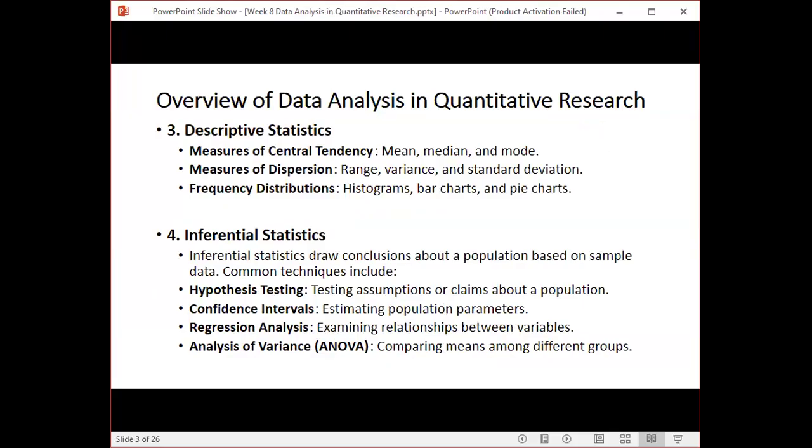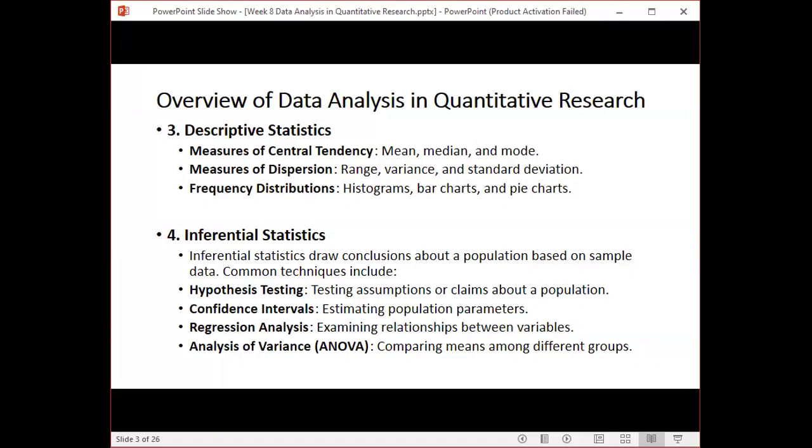So you are doing descriptive statistics, measures of central tendency, mean, median, mode, measures of dispersion, range, variance, standard deviation, frequency distributions, you are drawing charts, pie chart, histogram, and so on. All of these are describing your data. That could be your analysis. And as I said, it could be a descriptive research design that you chose to use, and you'll be fine by describing whatever is there.